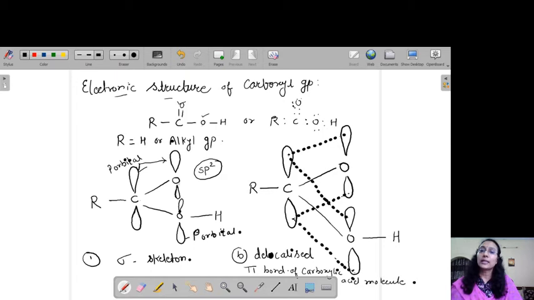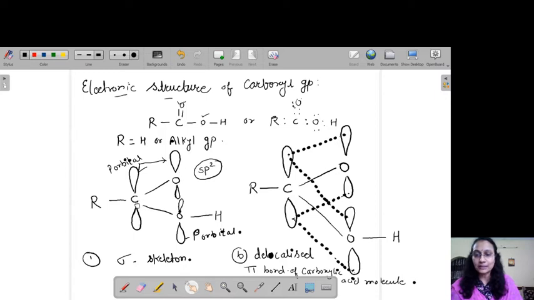The two sp2 hybridized orbitals of the carboxyl carbon, as this carbon is called, overlap with one sp2 hybrid orbital of the oxygen atom. Here this is the oxygen atom.